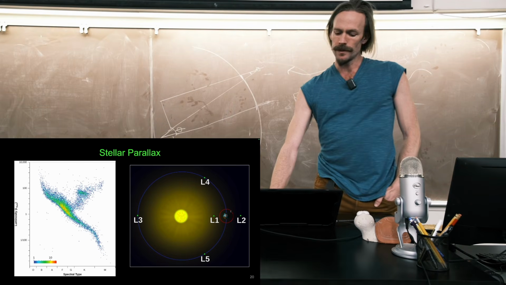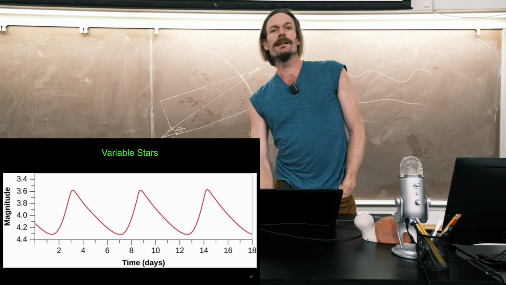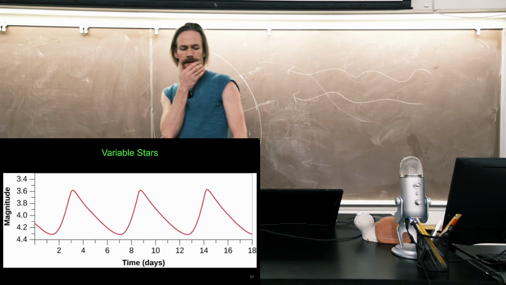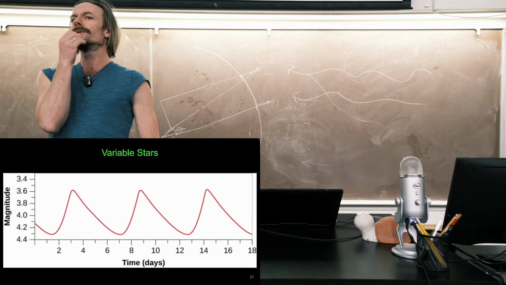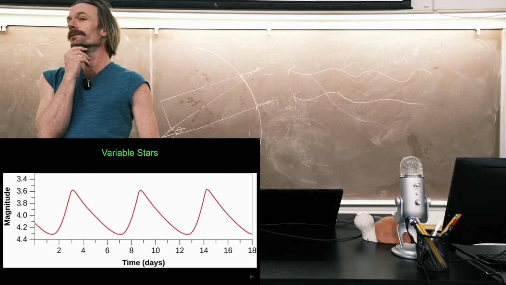All right, well, one clever thing that people came up with was the idea of standard candles.